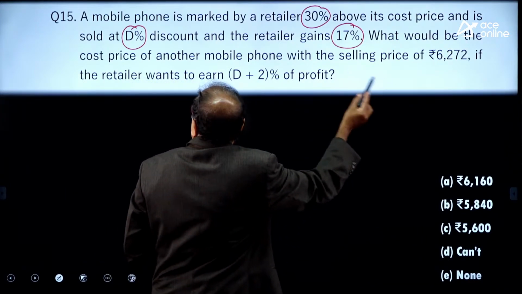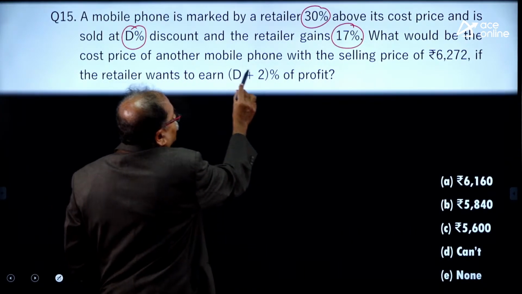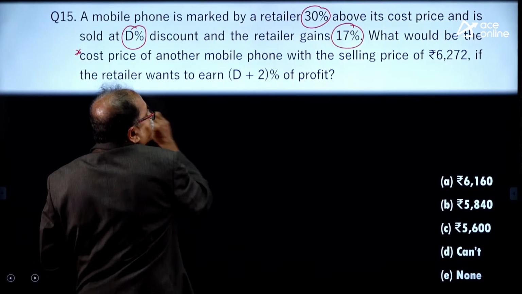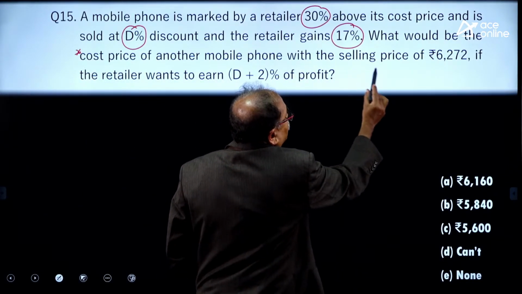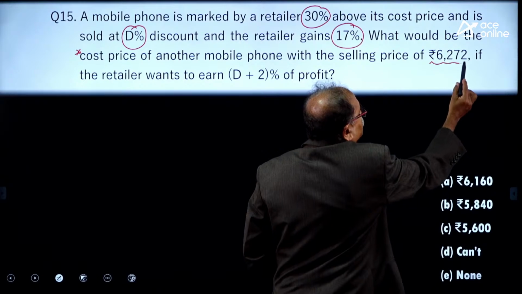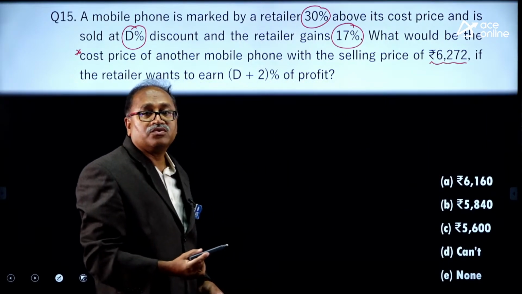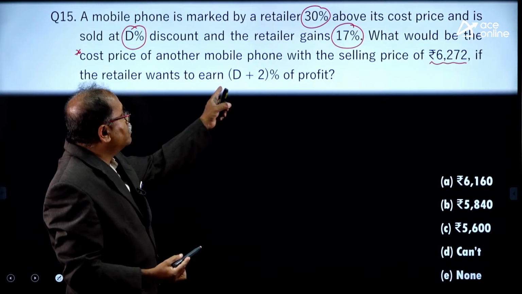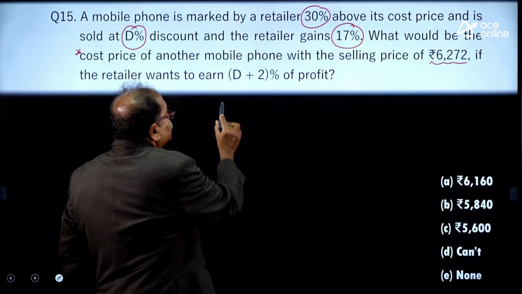The next, what would be the cost price of another mobile phone? I need to find out the cost price of another mobile phone with the selling price of rupees 6,272, and the retailer wants to make a profit of D plus 2%.